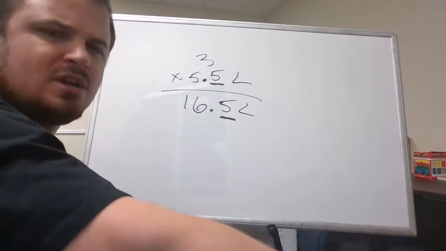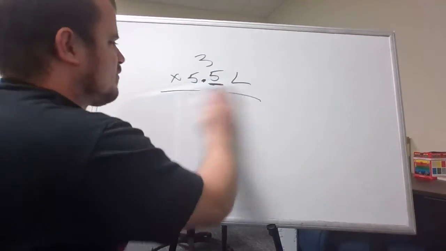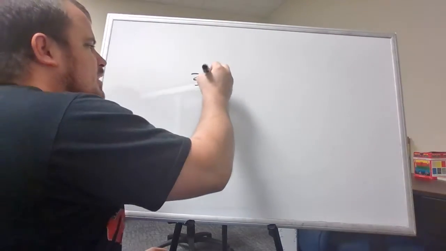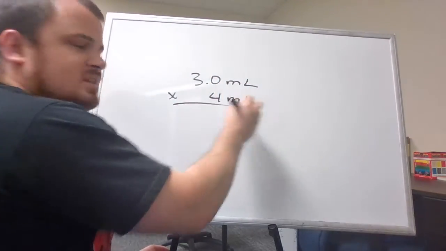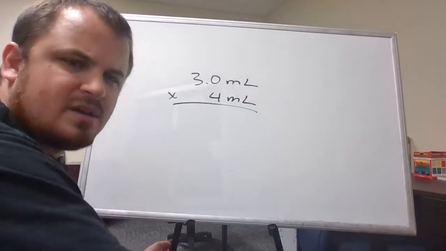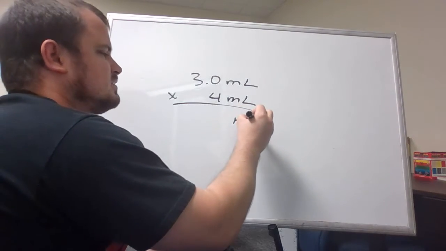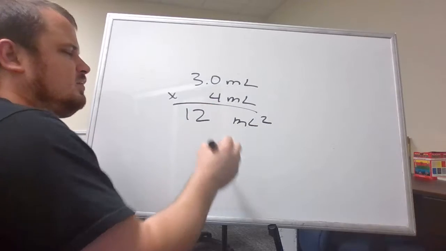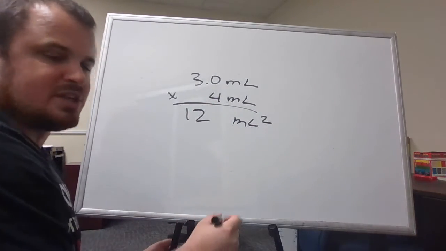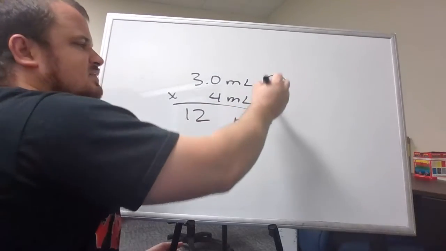Okay, number 6, 3.0 milliliters times 4 milliliters, and we'll get milliliters squared. 3.0 times 4, we'll get 12. And now this is where it gets weird. This only has 1 significant digit.